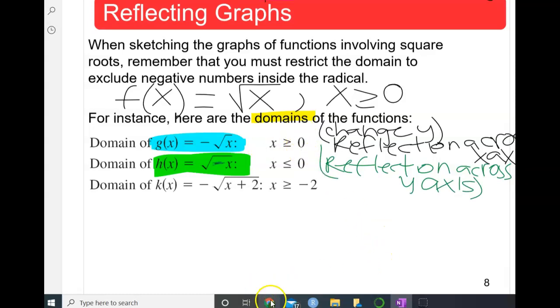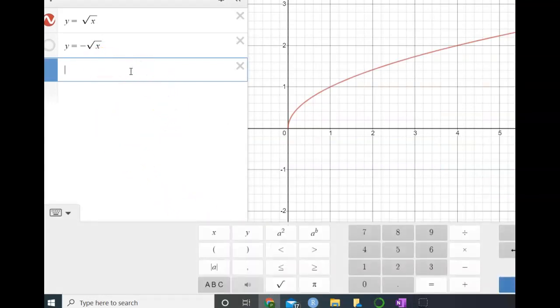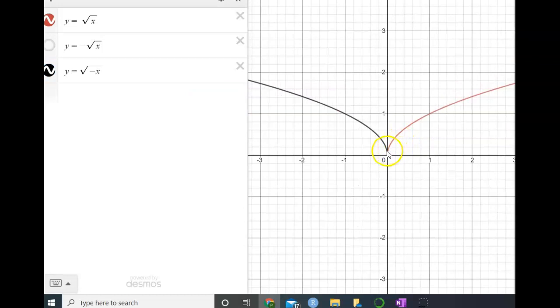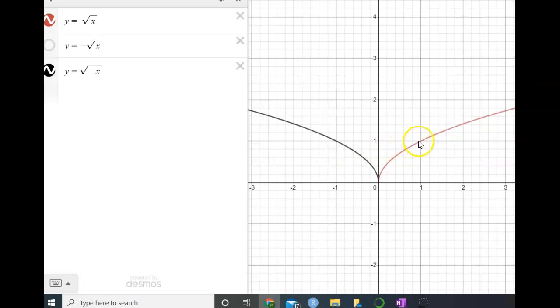So we're going to graph it here on Desmos: y equals, I'm going to use the square root button, and then enter negative x. That is how the reflection across the y-axis looks. The graph in red is the parent function, and the graph in black is the transformation. You can see how the values were reflected, or mirrored, across the y-axis.